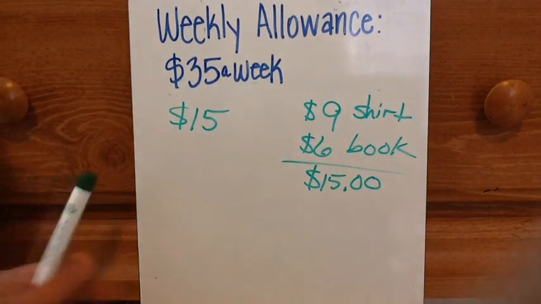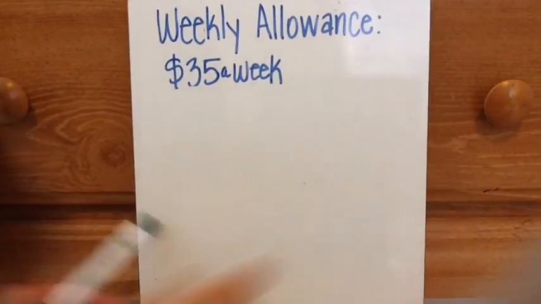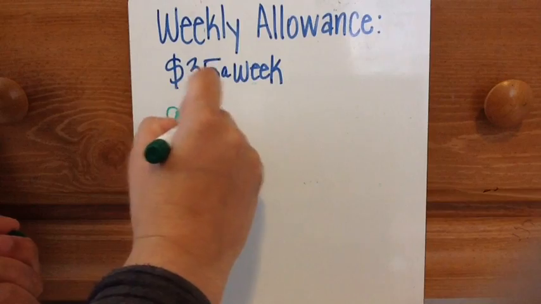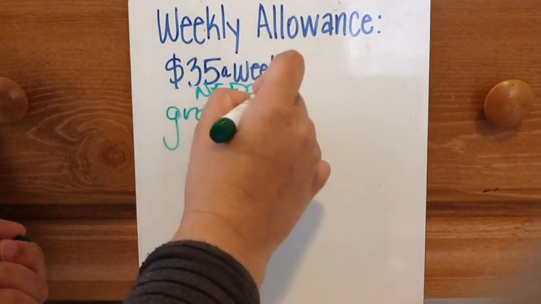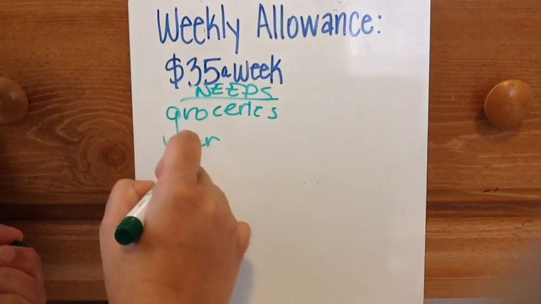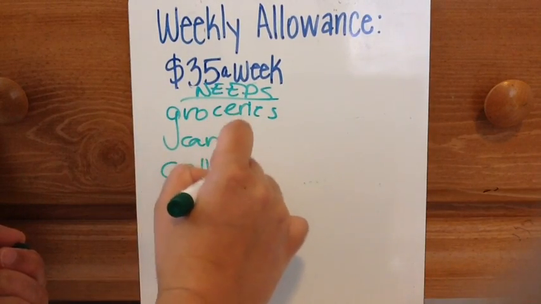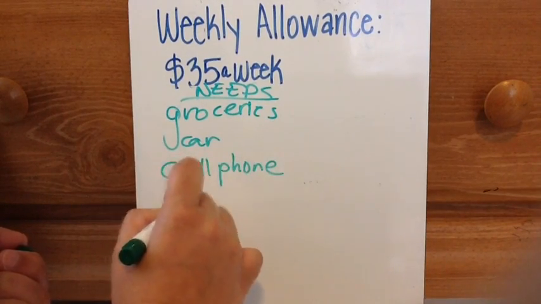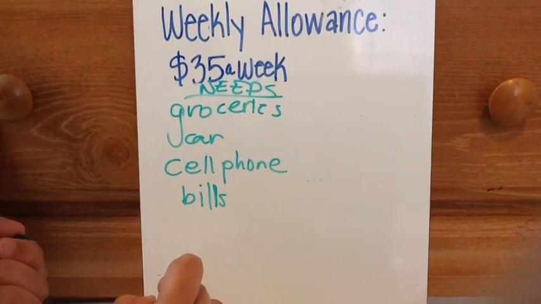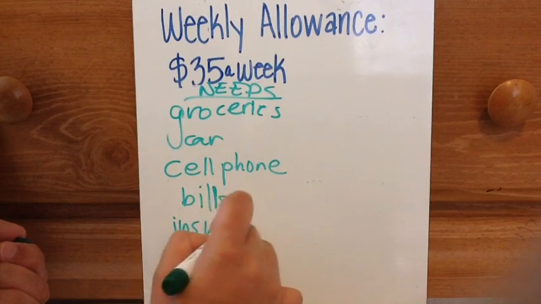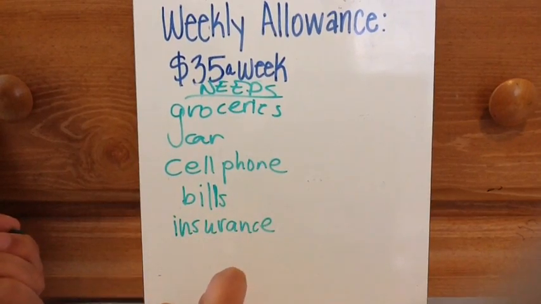Like as an adult, I have to budget my money for groceries. Okay, so these are my needs. My car, my cell phone, the bills, the electric bill, the water bill, my insurance that comes out of my paycheck.